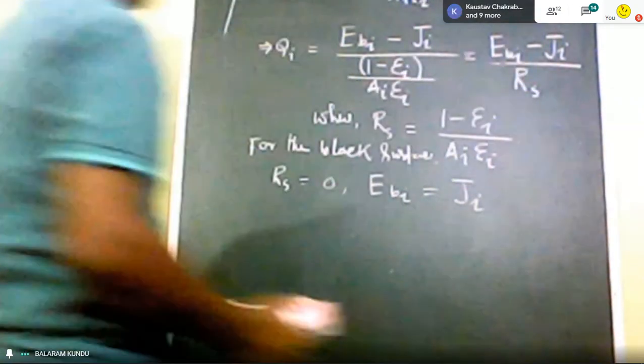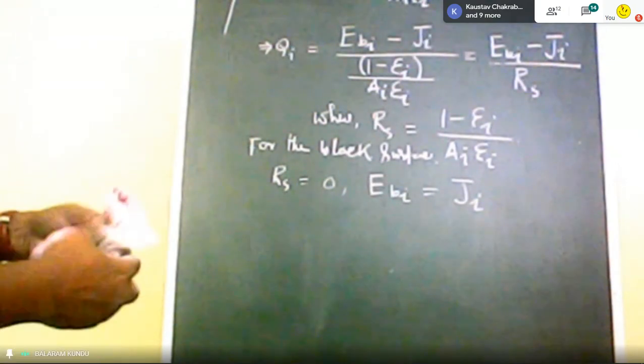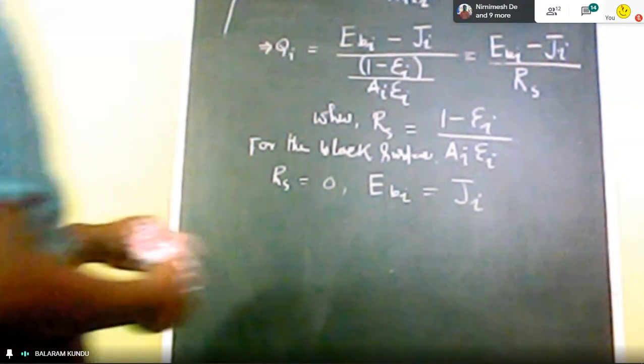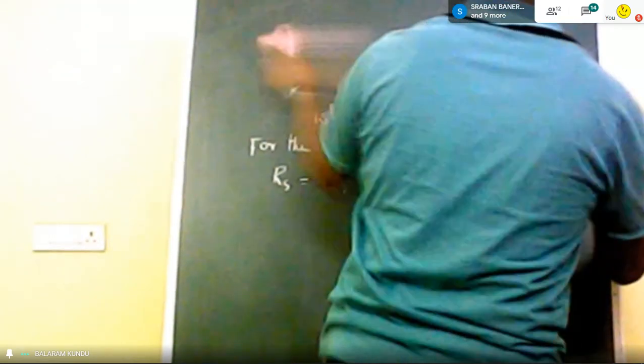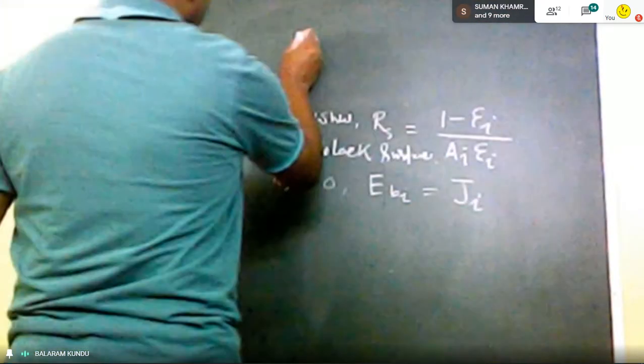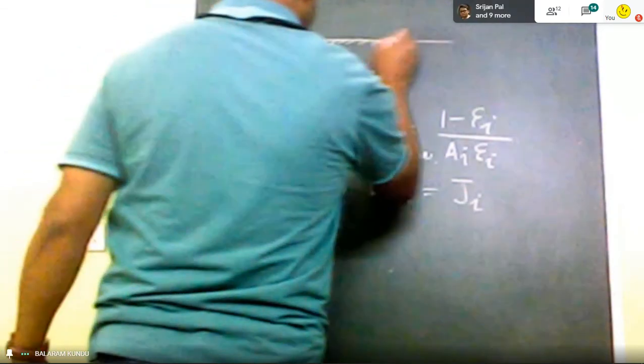So therefore, using electrical analogy, we can draw one resistance just above the surface, the ith surface. Again, we just consider surface i here.